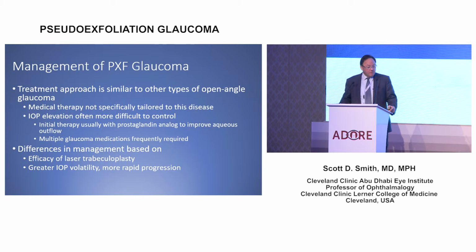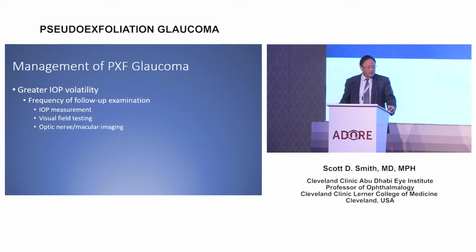The differences in management of pseudoexfoliation come in with consideration to the fact that the efficacy of laser trabeculoplasty can be higher in patients with pseudoexfoliation, and the understanding that IOP volatility is greater with this risk of more rapid progression.